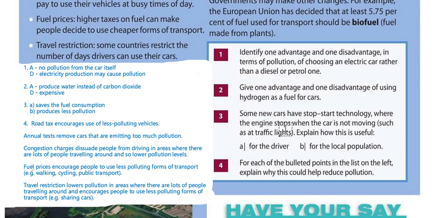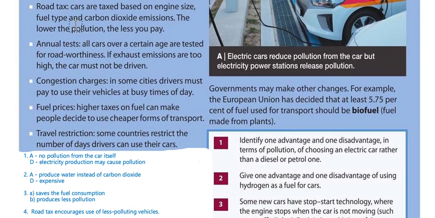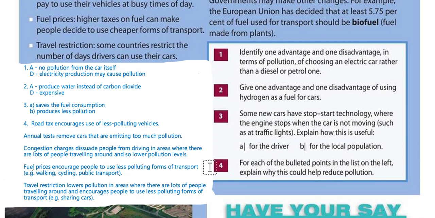Right, so for question 4, for each of the bulleted points in the list on the left, that means it's referring to these points here, explain why this could help reduce pollution. So for each point you have to say how it's going to reduce the pollution.